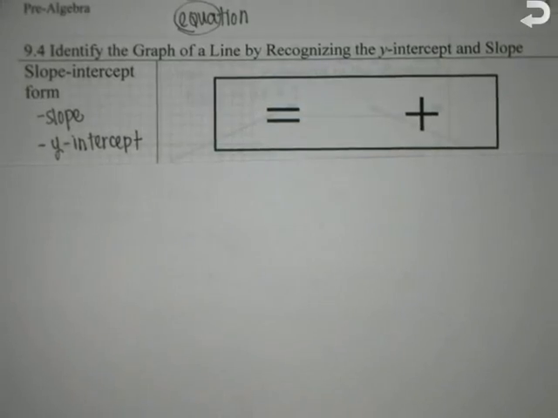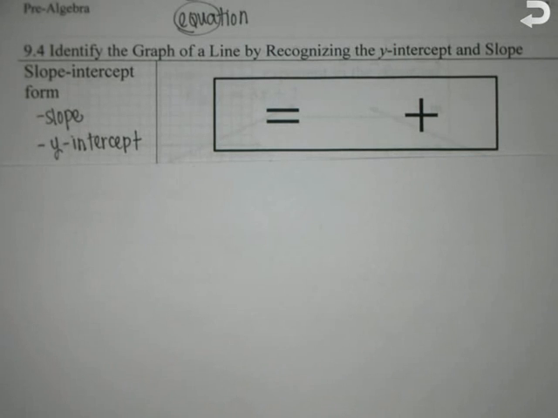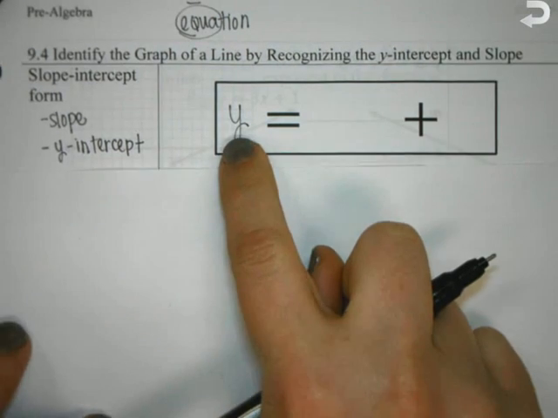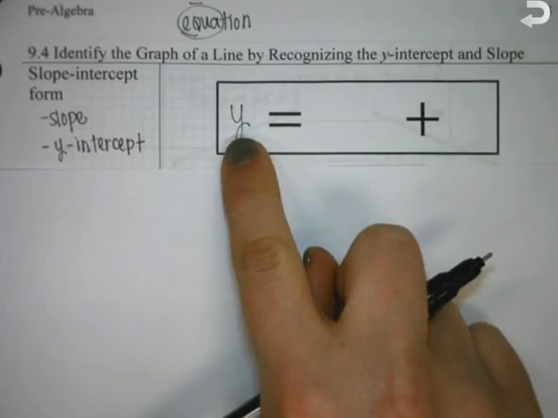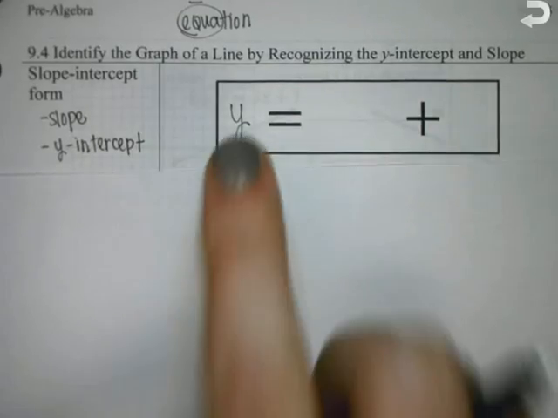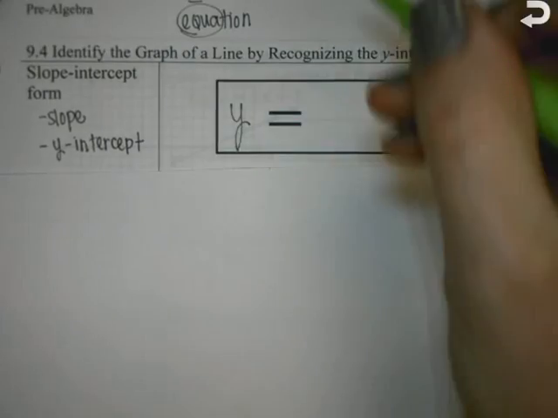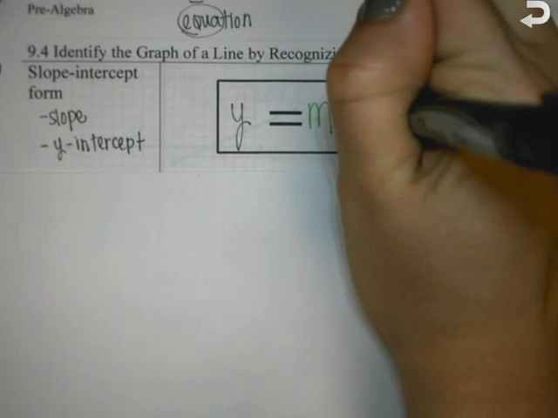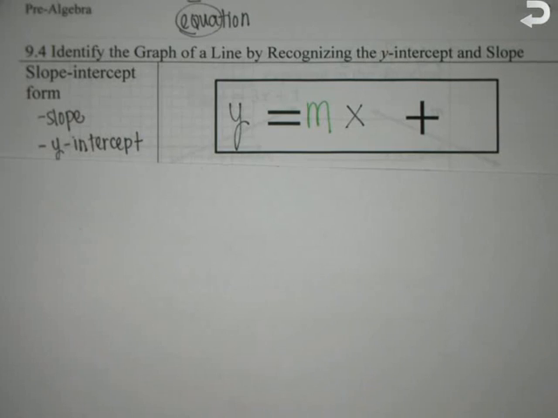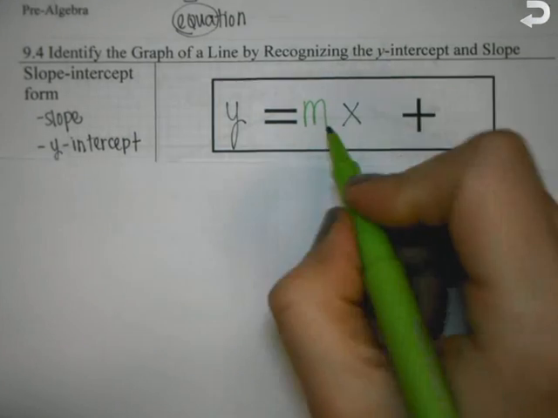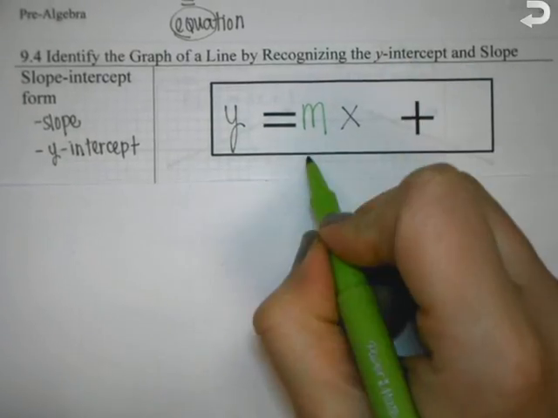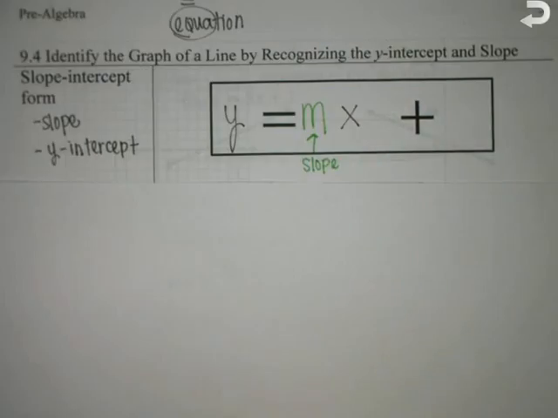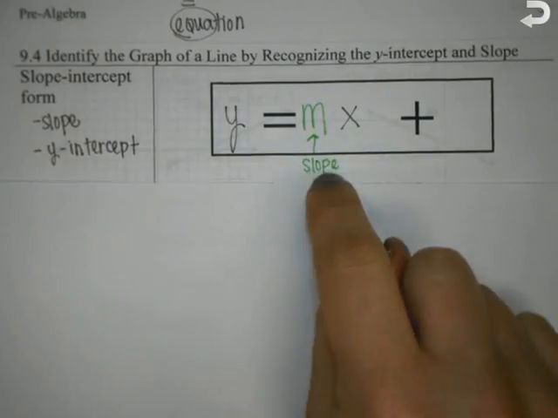Okay, there is a form. It's standard. You're going to write it in the big box. We are always going to have y equals. So y is going to be by itself on the left side of the equal sign. And y equals mx. Can somebody tell me, what does m stand for? Slope. Thank you. So the number that's attached to x is going to be our slope.